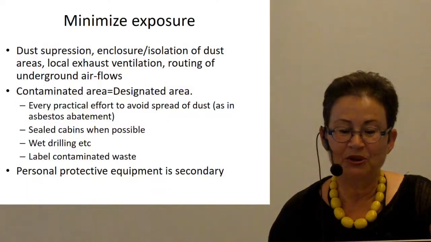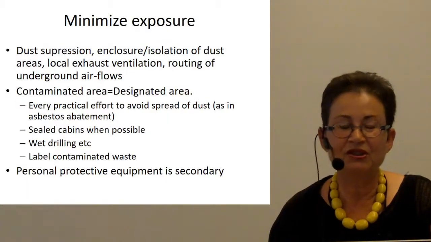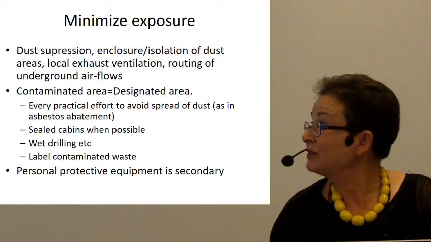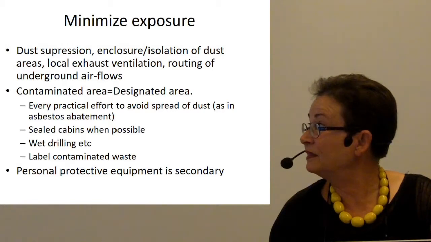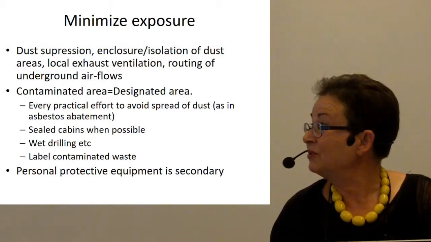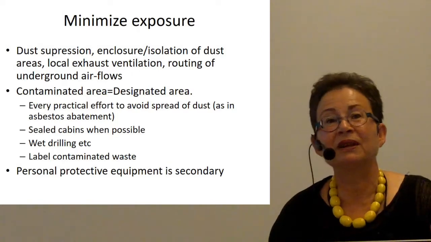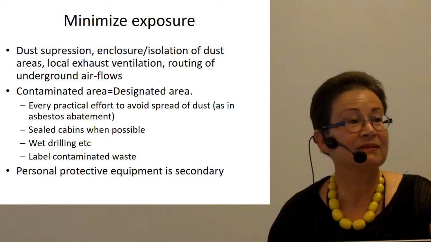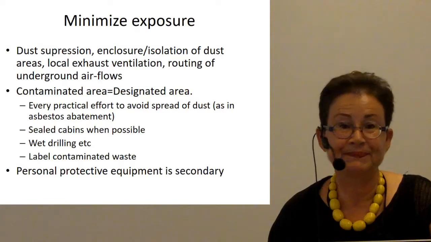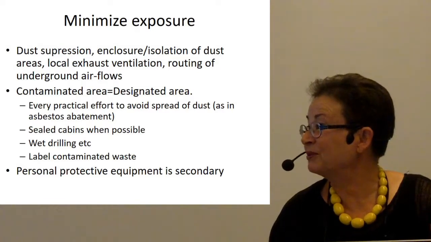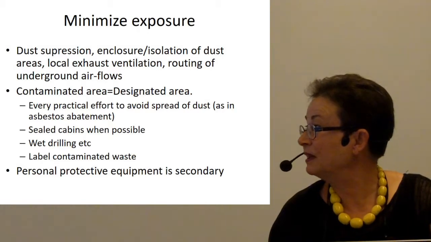Then minimizing exposure is about dust suppression, enclosure and isolation, of course, and to designate contaminated areas so that you apply all the routines you have in asbestos abatement, basically, so that you don't spread the fibers to other parts of the mine.